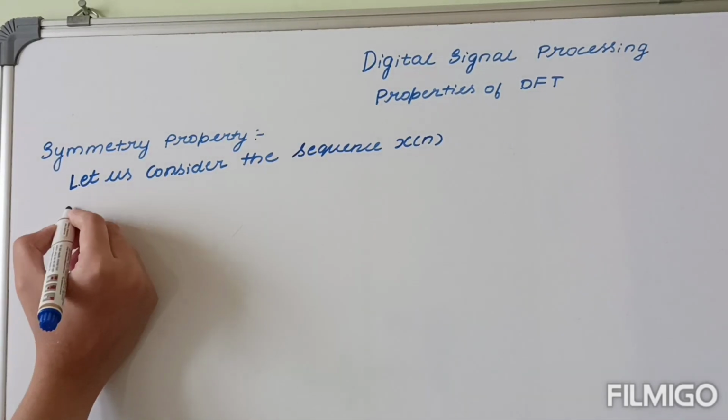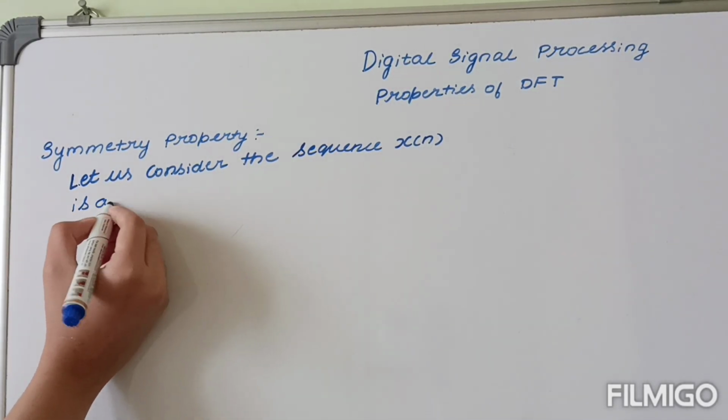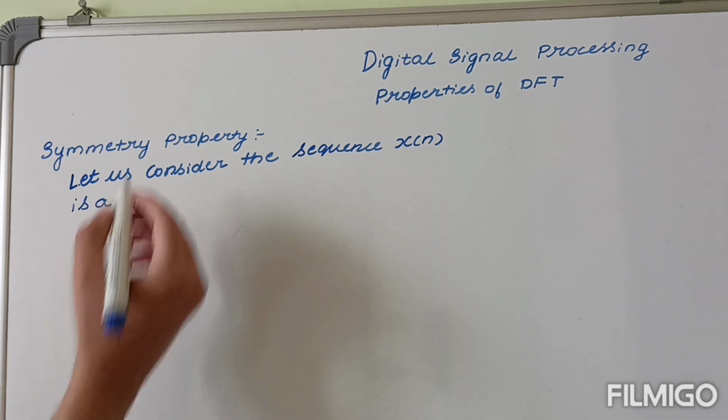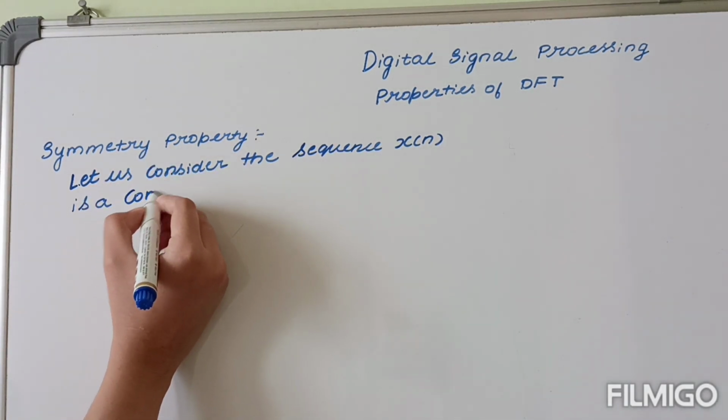It is a complex value. We are making an assumption that x of n is a complex value. It has not been told in any of the books, or by any scientists, that x of n is a complex value. But here we are considering that x of n is a complex valued sequence.